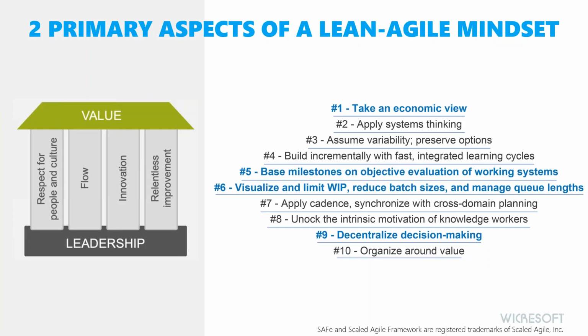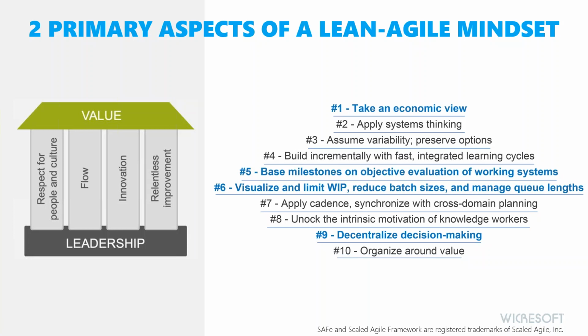And then the second part is on the right there. You can see the 10 principles of the Scaled Agile Framework. And the ones highlighted there are possibly most relevant to the lean portfolio side. So that's always taking an economic view of everything. Base your progress and milestones on objective evaluation, not just words like requirements are done.